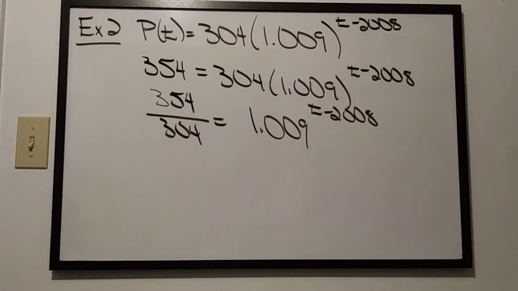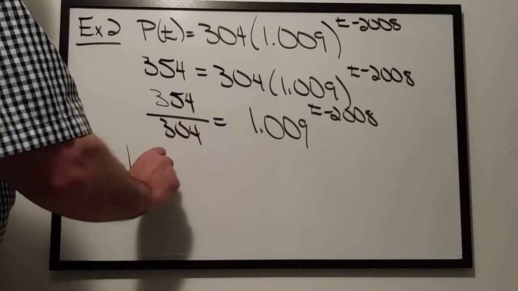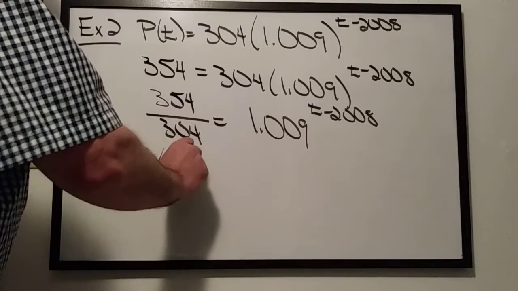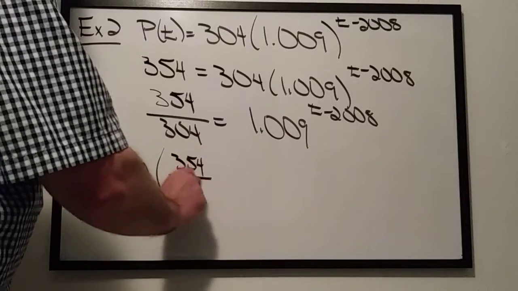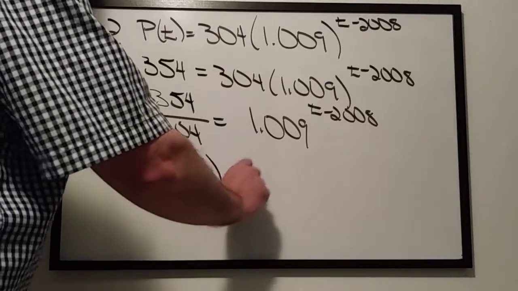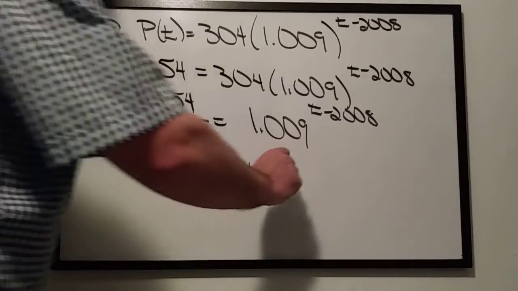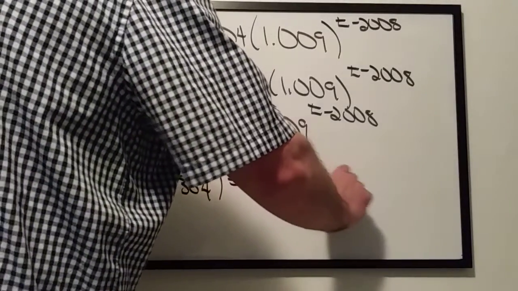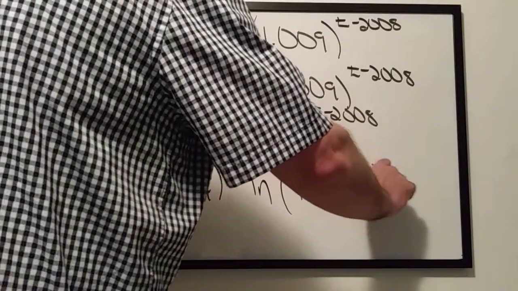And again, in order to take the log of both sides, you can choose whichever log you feel like. I'm going to do natural log. So I'm going to take the natural log of the left-hand side, the natural log of 354 divided by 304, and the natural log of the right-hand side, the natural log of 1.009 to the t minus 2008 power.